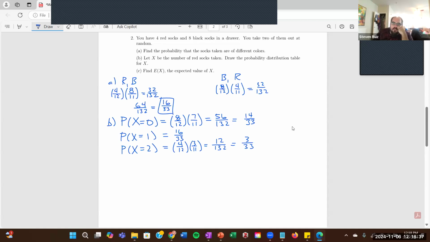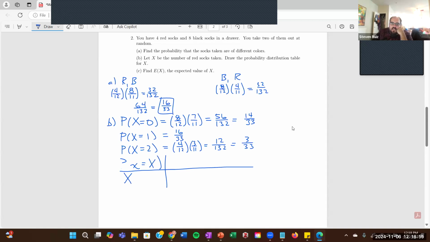So let's draw the probability distribution now. So what's the probability that X equals x? And what is x? 0.